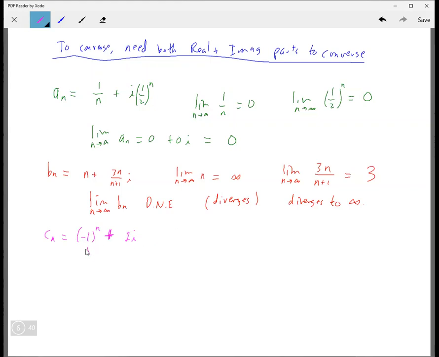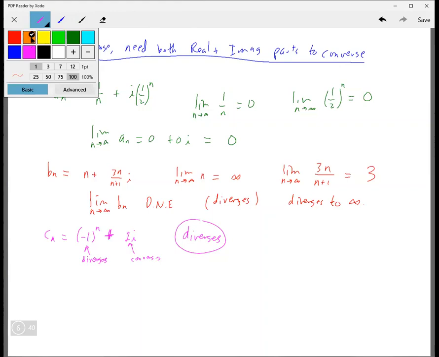No, this one diverges. The imaginary part, on the other hand, converges, but the whole thing diverges, because the real part diverges. So to converge, you need both the real and imaginary parts to converge.